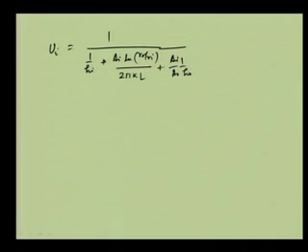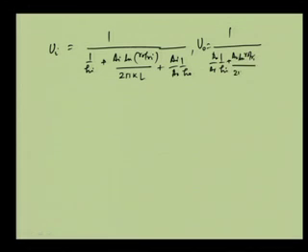Similarly, Uo can be written as 1 by Ao by Ai into 1 by Hi plus Ao ln Ro by Ri divided by 2 pi K L plus 1 by Ho. In these, the first term is the resistance of the inner film, the second is the resistance of the tube wall, and the third is the resistance of the outer film.